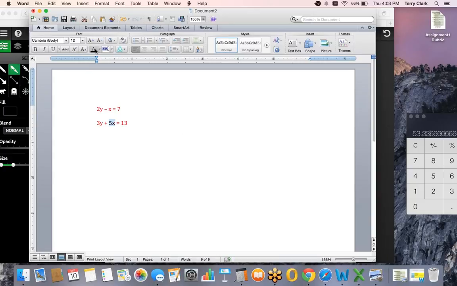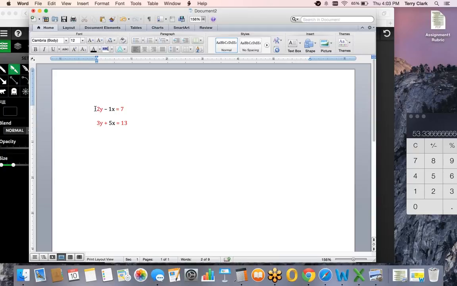So this is what I'm going to do. I'm going to focus in on the x's, getting rid of them. If I've got negative 1x and positive 5x, then the least common multiple between 1 and 5 is 5, because 5 times 1 is 5.